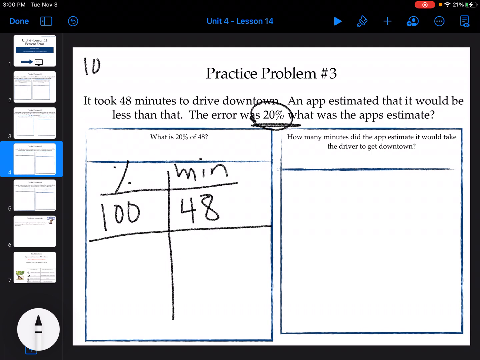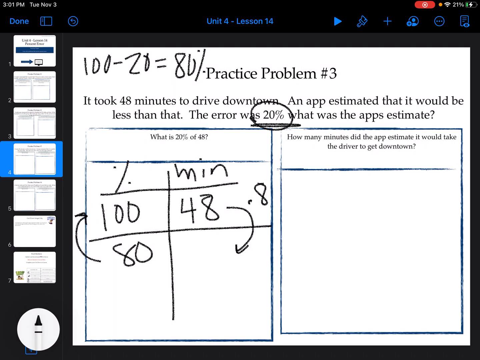So 100 minus 20 leaves me with 80%. So I'm going to divide going that way. So 80 divided by 100 gets me 0.8. So then I'm going to multiply by 0.8. So 48 times 0.8. I get 38.4 minutes.